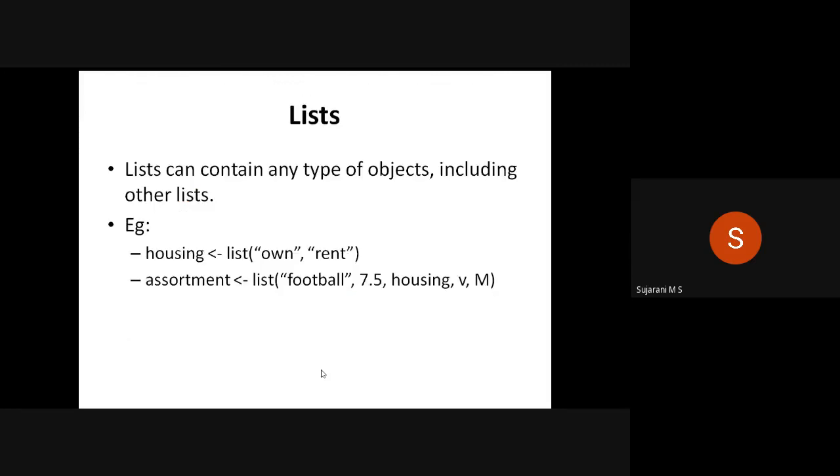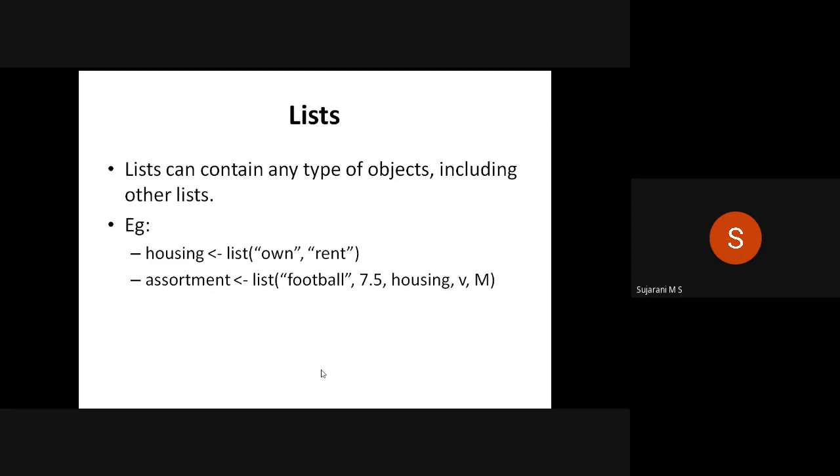Okay, next is the list. A list can contain any type of object, including another list. For example, housing is a list. For creating a list, we use the function list. Housing equal to list of own or rent.